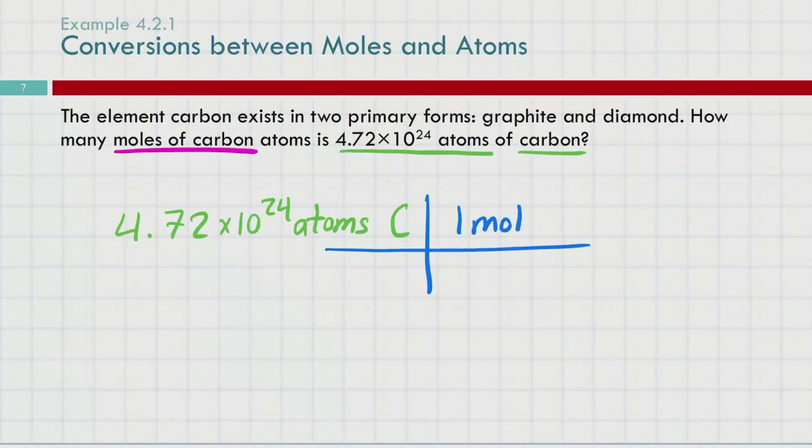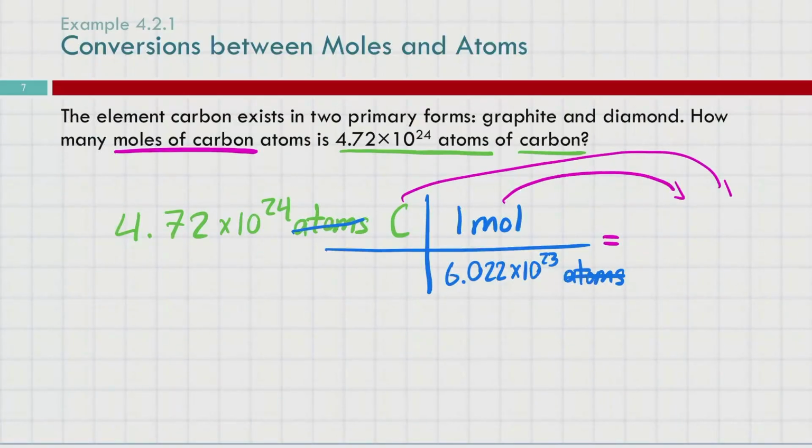So when we apply our Avogadro's number, we're going to put the big number on the bottom. And that will carry with it units of atoms, since that's what we're counting. So the atoms cancel, and the units that come through are moles and carbon.